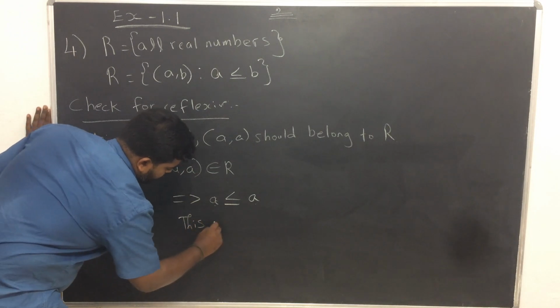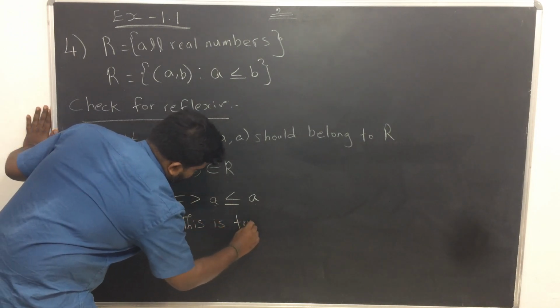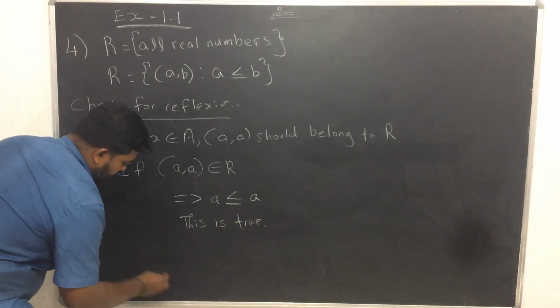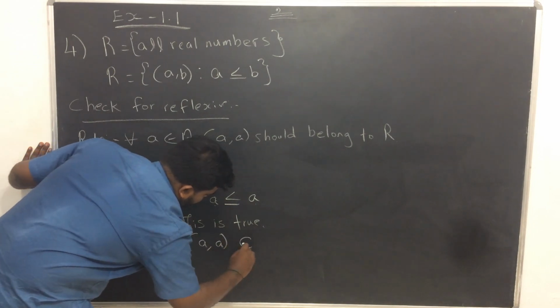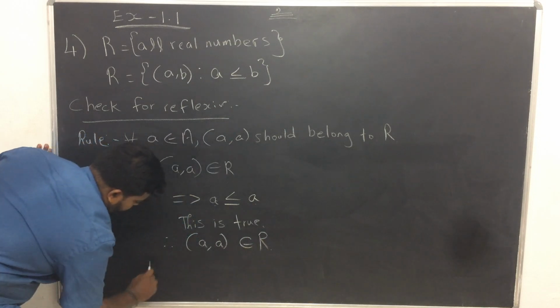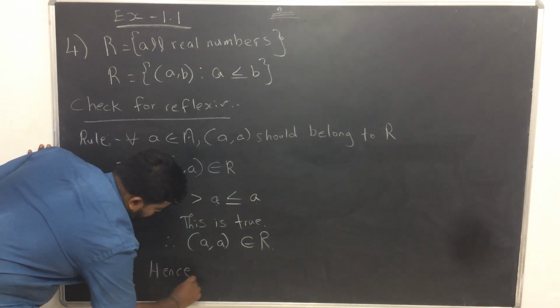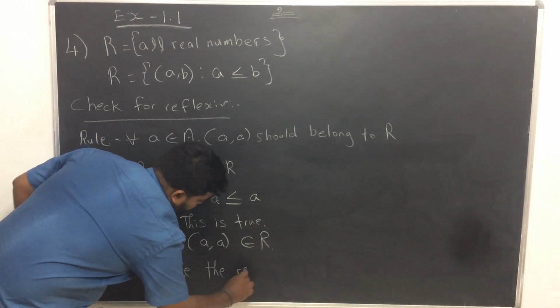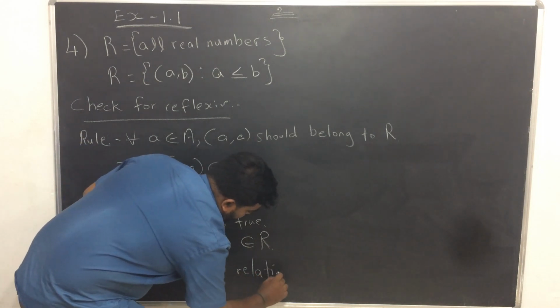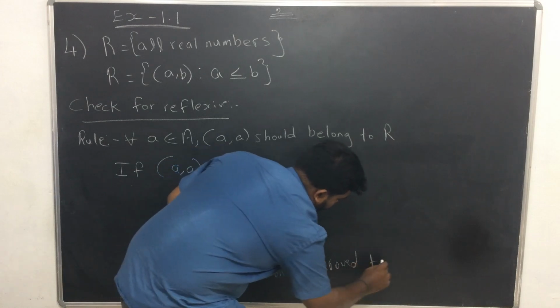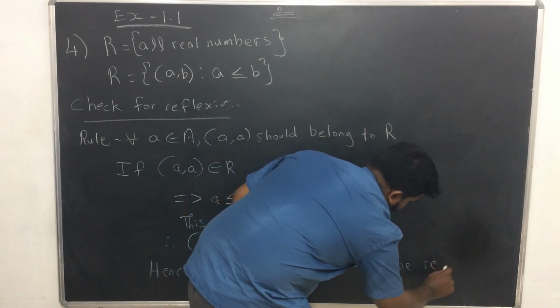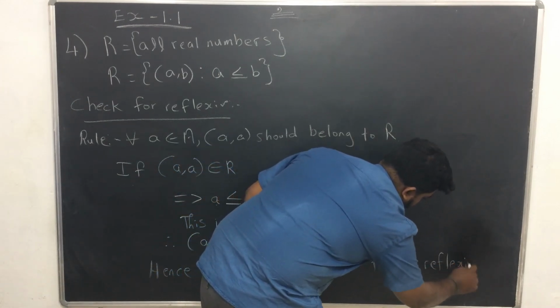Therefore, (A, A) belongs to R. Hence, the relation is proved to be reflexive.